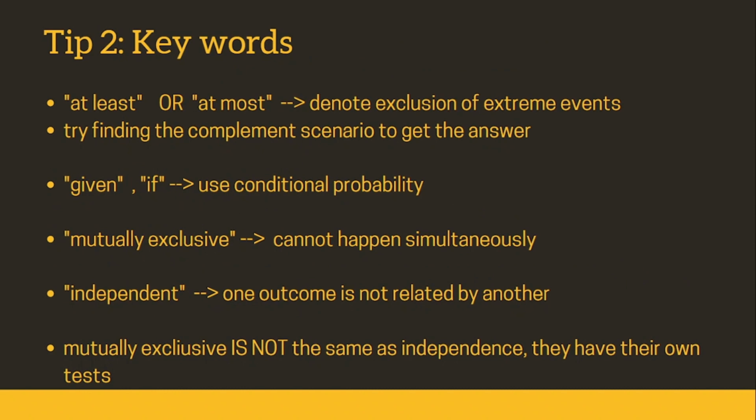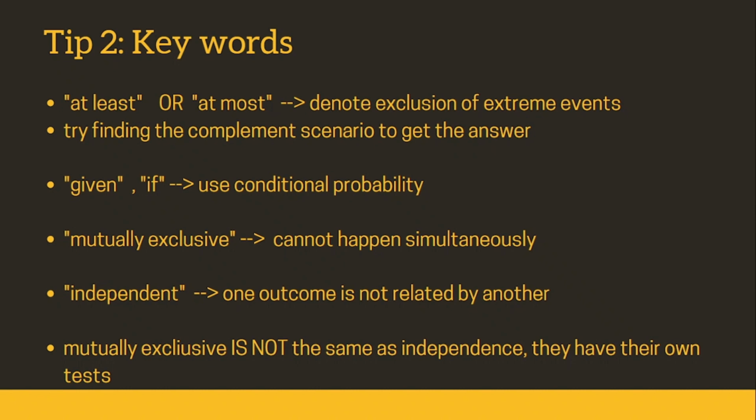Then the next part is keywords. For probability, there are a lot of questions and some of them will have very funny words. So when you see certain words, they should ring alarm bells as to what you should do. Like in the case of questions that use at least or at most, it will denote the exclusion of extreme events. So in that case, you try and find a complement to get an answer. You just get all the scenarios minus this complement, which is kind of like what you do for permutations and combinations as well.